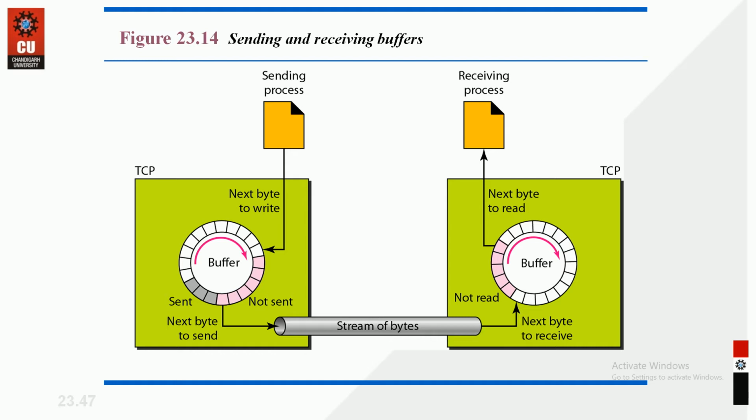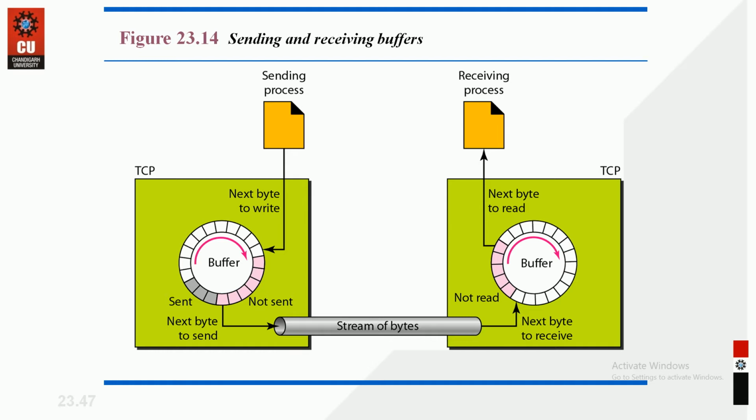The parts in blue are packets that have already been sent, and this circle continues in the clockwise direction, and next, in pink, the packets are currently not sent. When it comes to the destination end, it is in the reverse order, right? The other packets are currently not read, then the next byte to be received, and this circle continues.